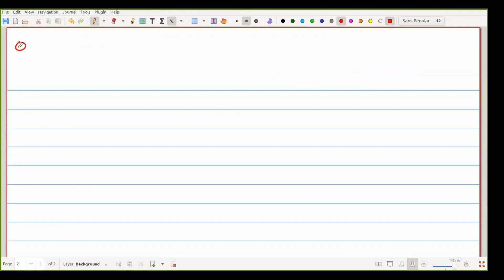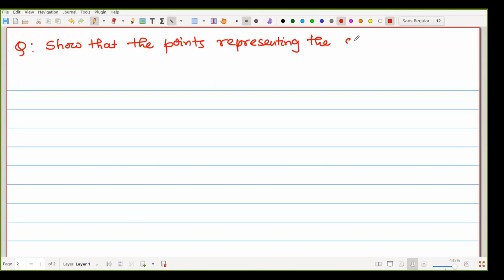Next problem. Show that the points representing the complex numbers, that means here three complex numbers have been given. The first one is 3 plus 3i. The second one is minus 3 minus 3i.